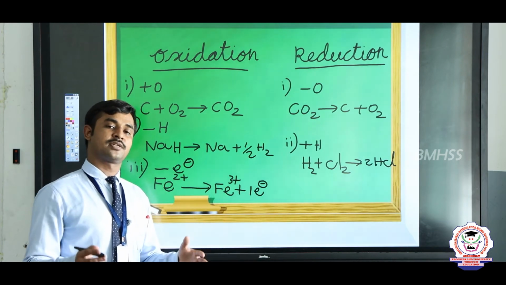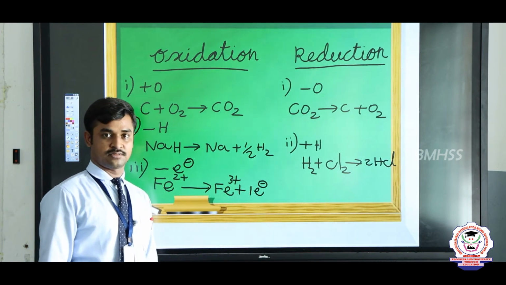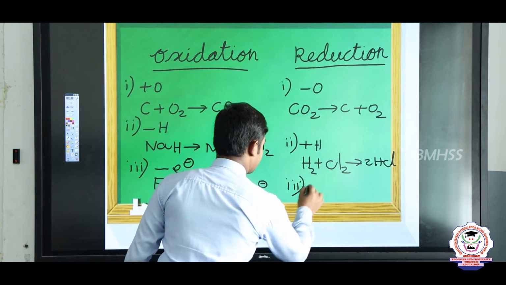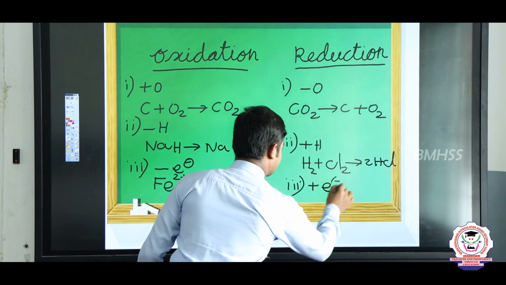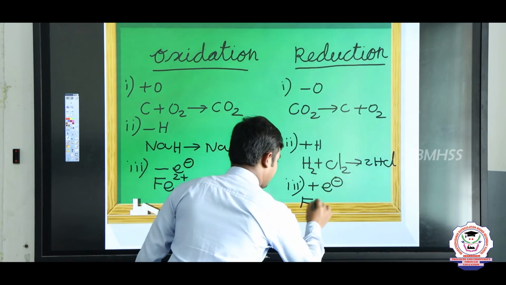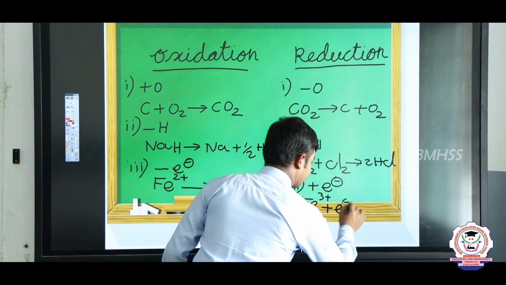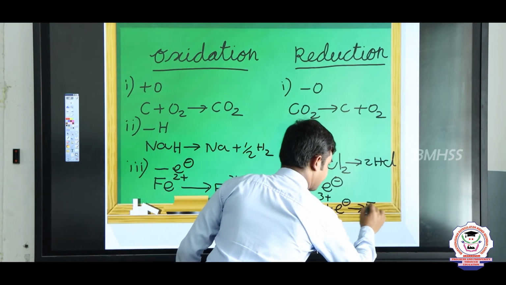Oxidation reaction is nothing but removal of electron in a reaction, and oppositely we can say addition of electron is reduction. When Fe3+ again takes an electron, it forms Fe2+.